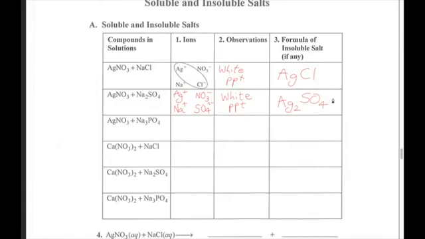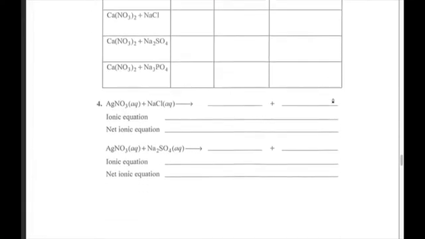So let's take this information and work on this part of the problem. We now want to write out ionic and net ionic equations representing what's happening in our complete balanced equation. So we actually have to start off by writing out a balanced equation where we show the products of this double replacement reaction.